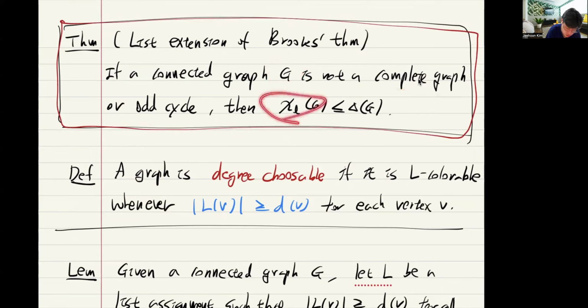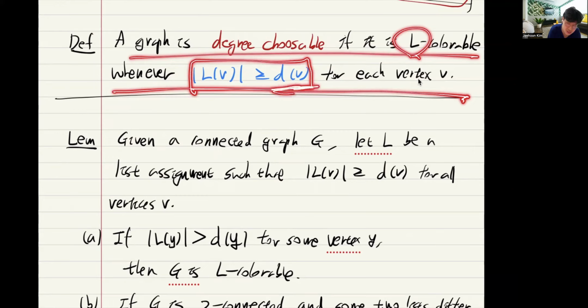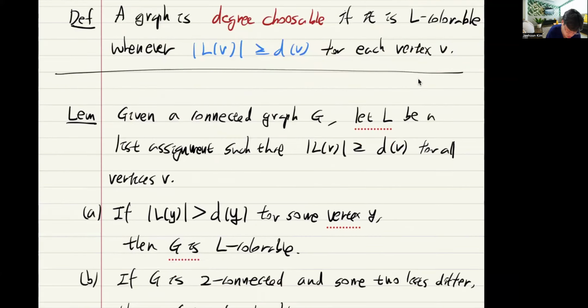For that, we define this concept of degree choosability, where a graph is degree choosable if, for every list assignment such that each vertex has at least degree many colors available, the graph is L-colorable. Then the graph is called degree choosable.